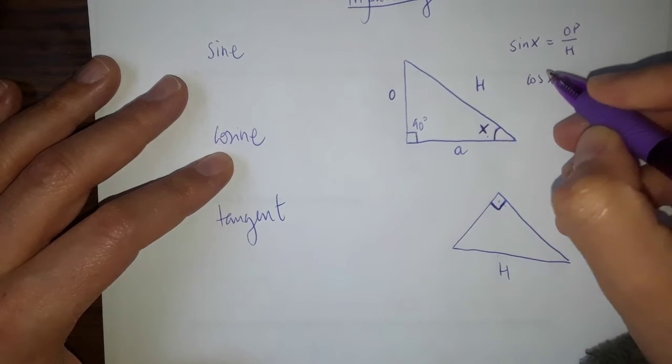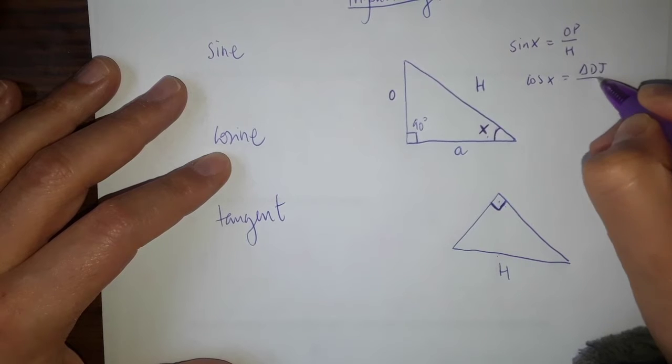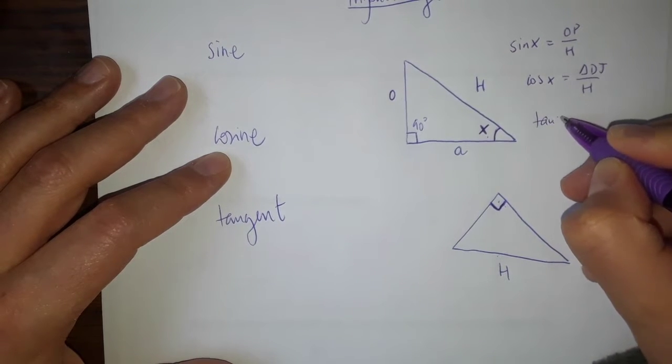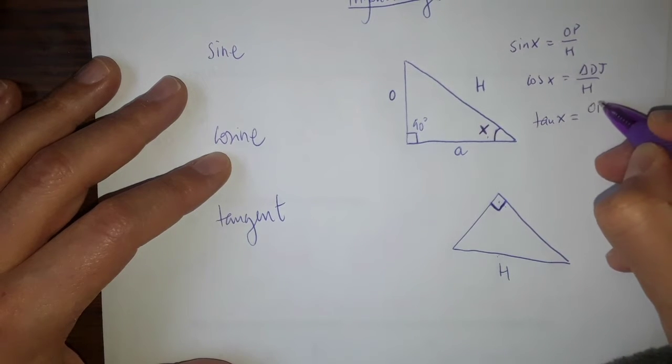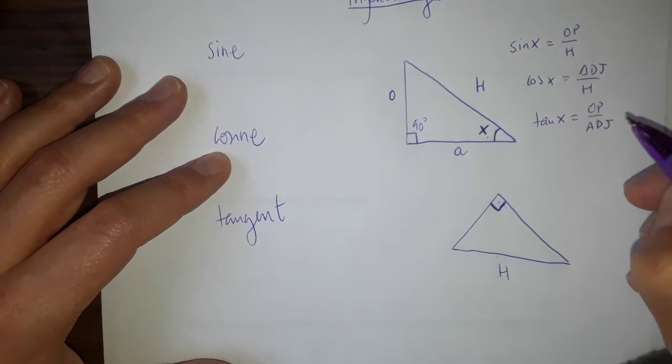Cosine of X will be adjacent over hypotenuse, and tangent of X will always be the opposite over the adjacent. It always works like this.